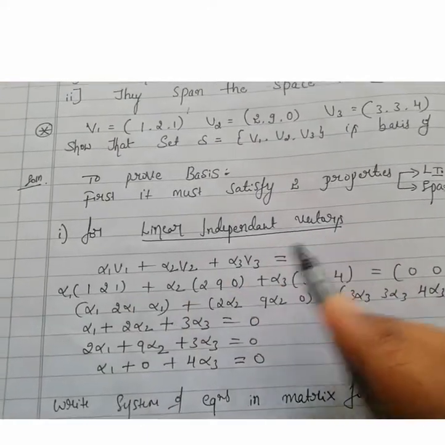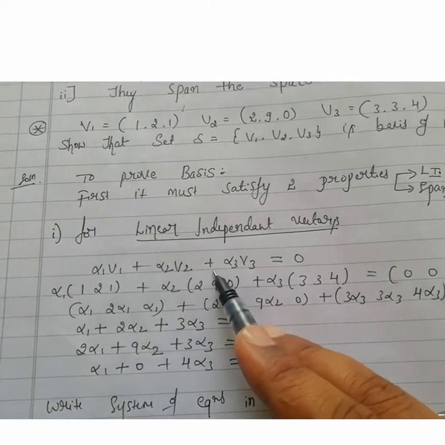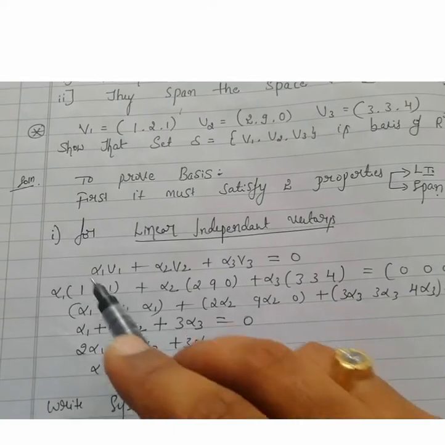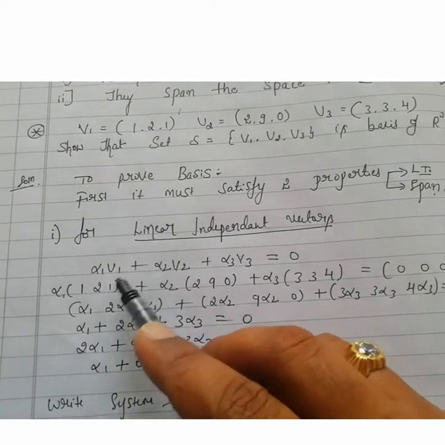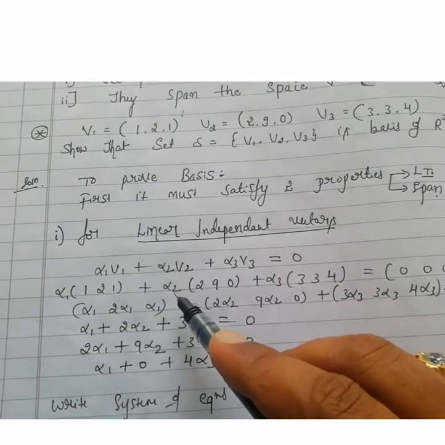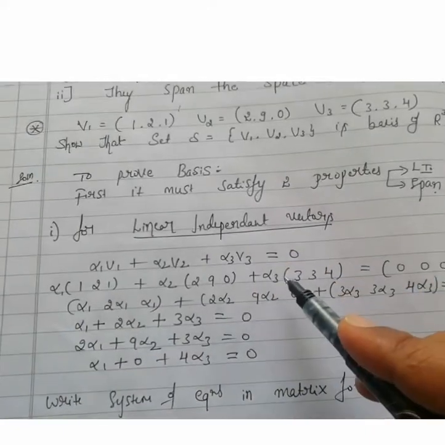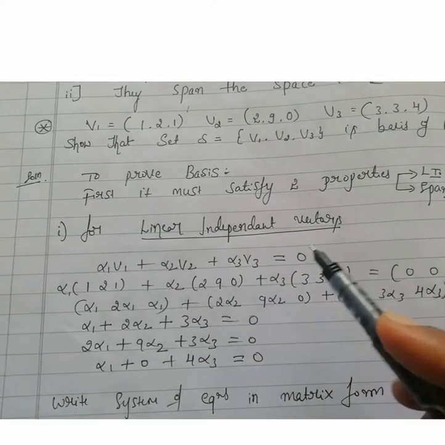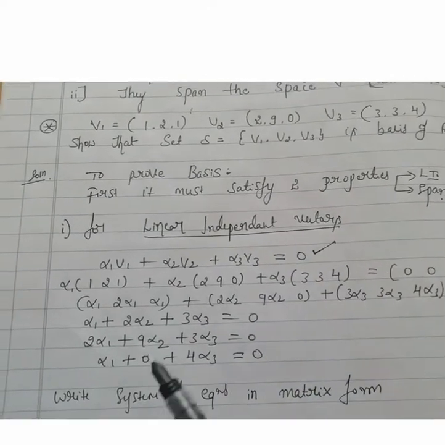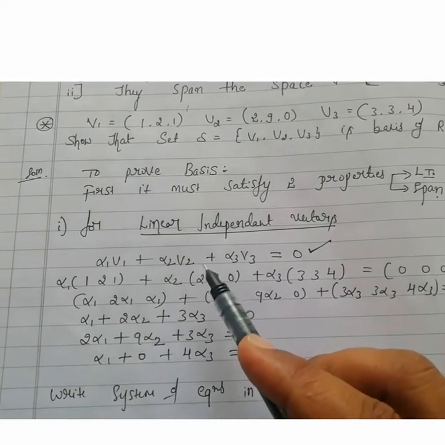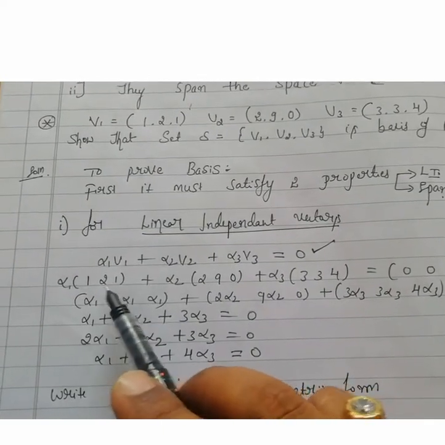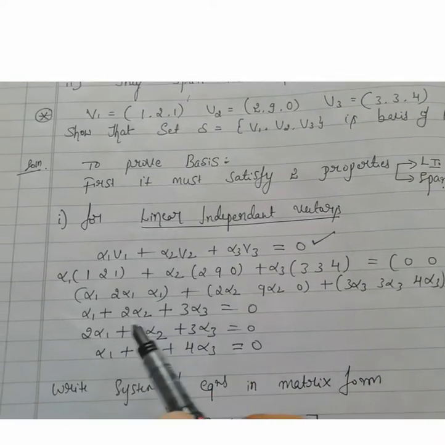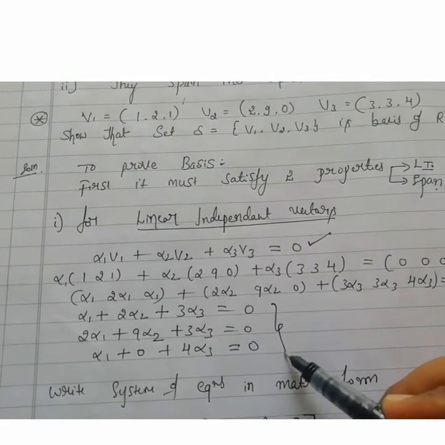For linear independence we take the general linear combination and make it equal to 0: alpha 1 times v1, alpha 2 times v2, alpha 3 times v3, equal to 0. This is the standard form which we discussed in the previous video in the linear independence section; you can refer to that. Multiply each vector with its scalar, then add. After adding you will get a system of three equations.